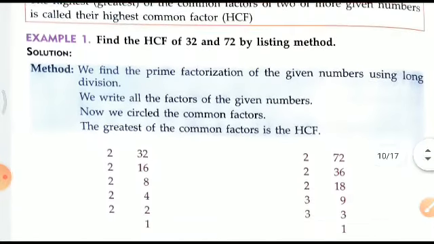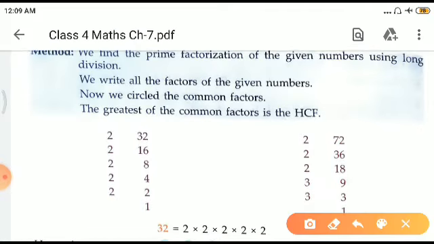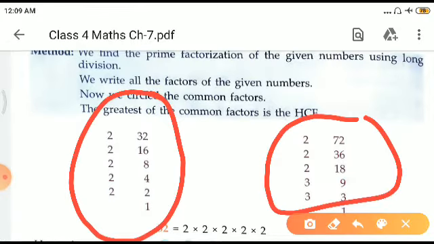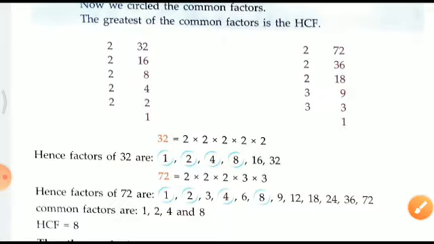The greatest of the common factors of two or more given numbers is called the highest common factor. Now of 32 and 72, you can see here, you keep on dividing by 2, and then all 2 2 2 2 everywhere. Here the common factors are 2, right? And then in 72 we get 2 2 2 2 3.